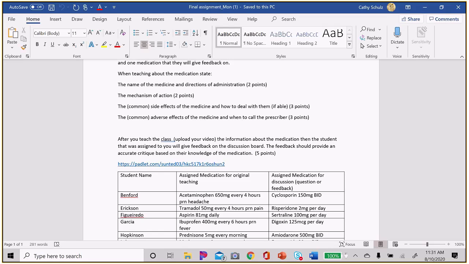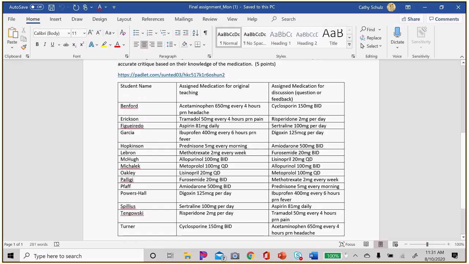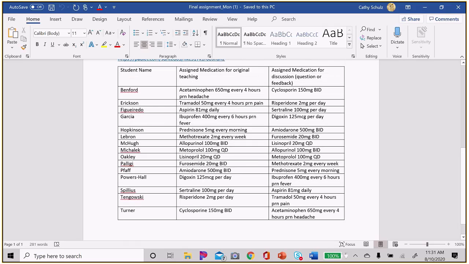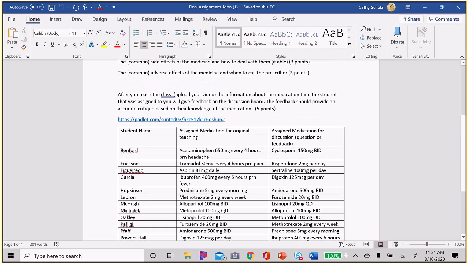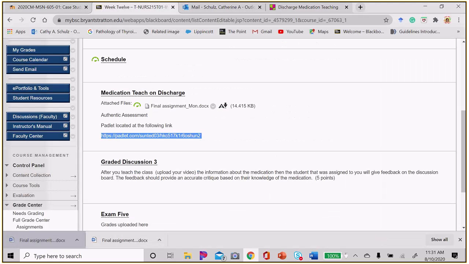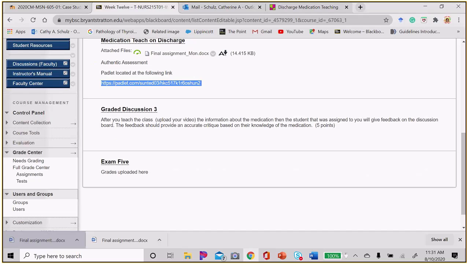You are assigned a specific medication to give feedback on, just so we're sure that all the videos are at least viewed by somebody. And after you view the video that somebody made, you would then give feedback on a discussion board.